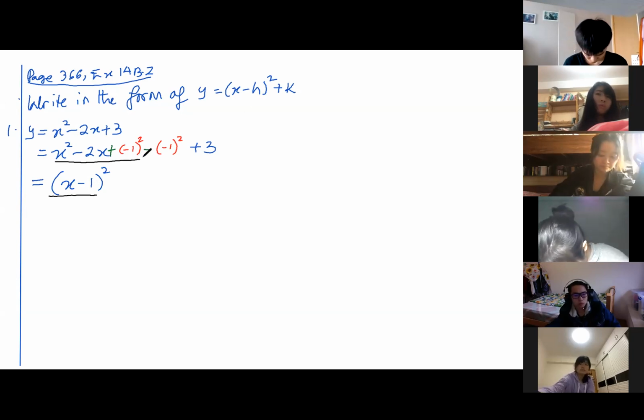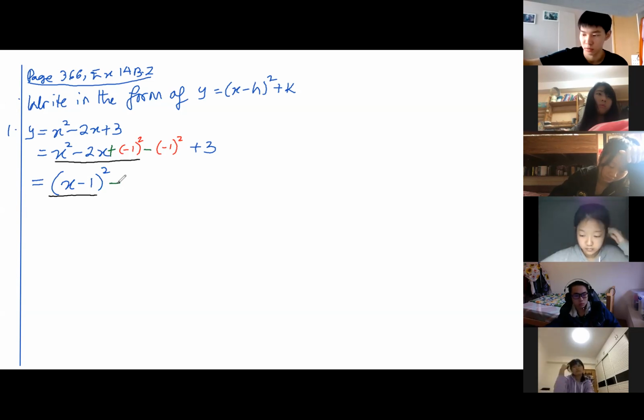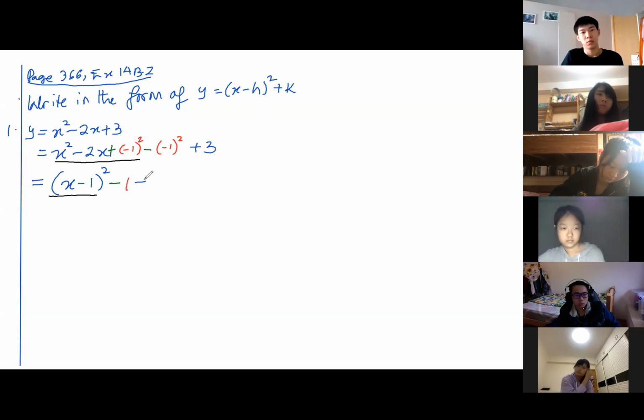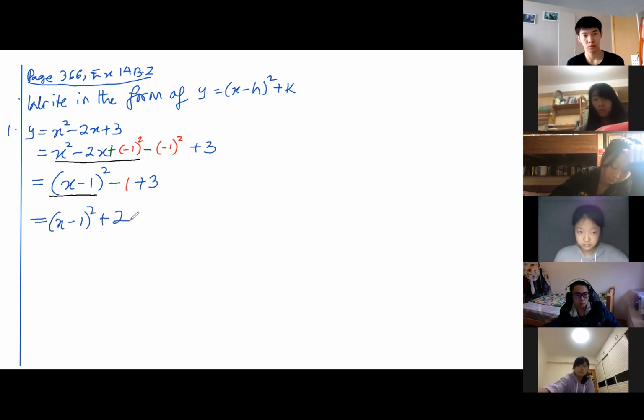I have minus, this minus and minus cannot multiply, this minus this. Okay, and minus 1 squared is plus 1. Then also you have your plus 3. Does it make sense? So we need to be very careful when we write this stuff. So you're going to have x minus 1 squared plus 2. You have just put it in this form.